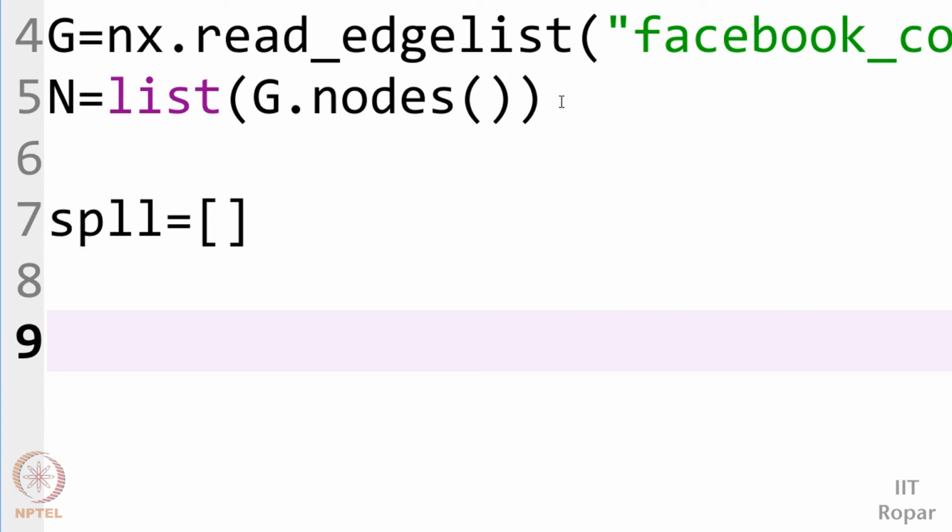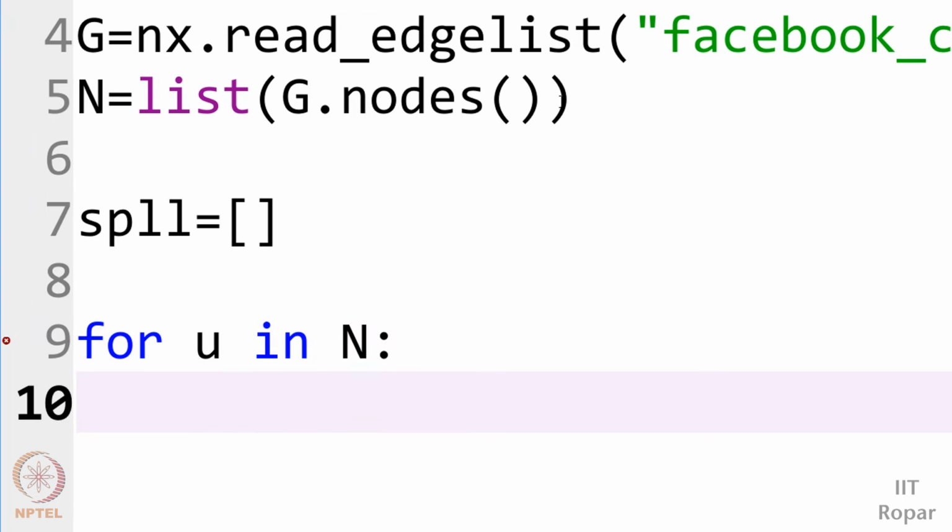I'll run a loop for u in n, where u is a node. We have captured the list of nodes in the variable n. As well, we need pairs, right? This u would capture one of the nodes. We need to capture another node so that we find the length of the shortest path between that pair. So we'll take another node, for v in n.